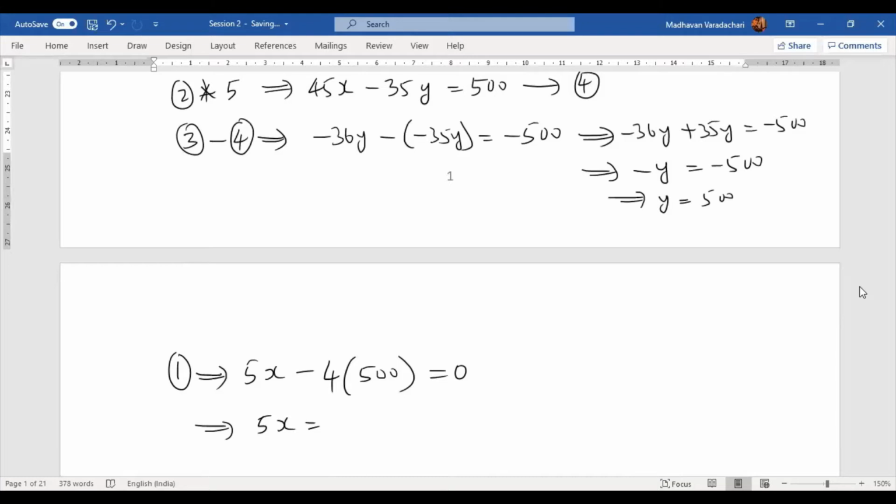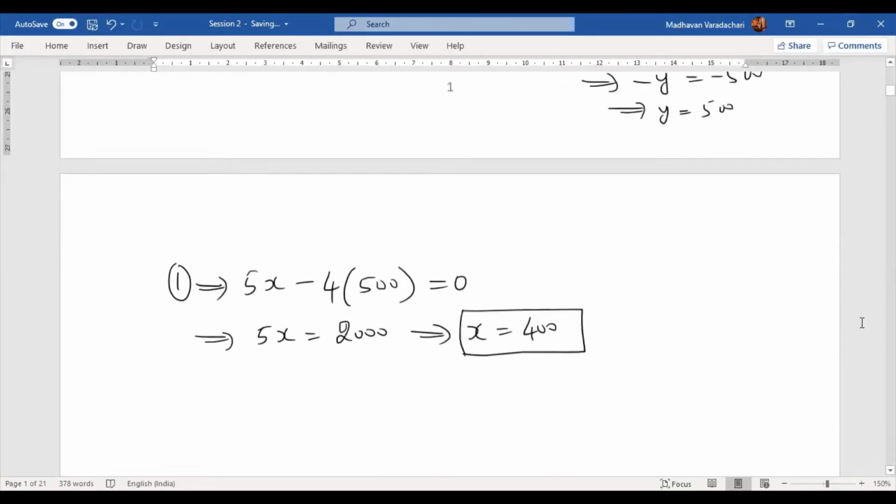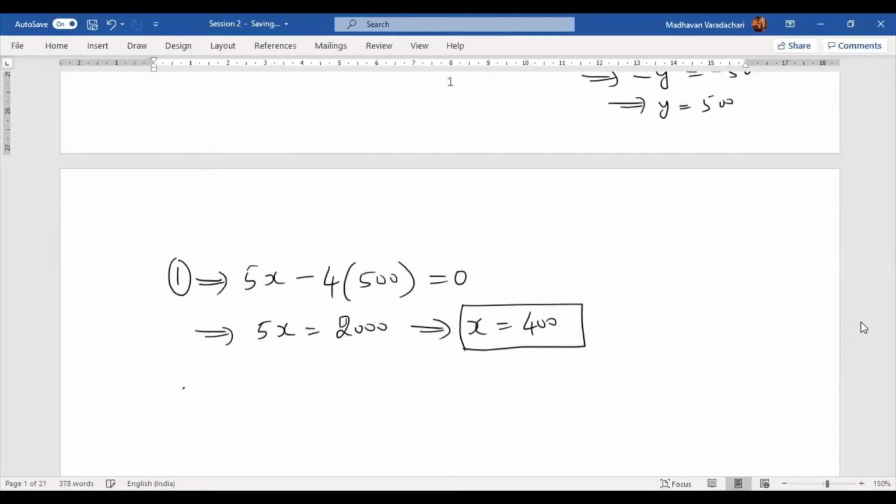If I take it to the other side, it becomes positive, which means our x is 400. So therefore, the monthly incomes are 400, 500, means x and y.